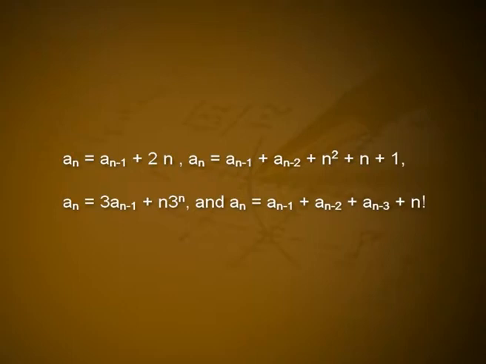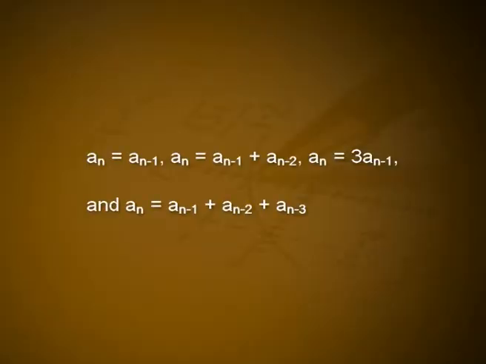Example: each of the recurrence relations a_n = a_(n-1) + 2^n, a_n = a_(n-1) + a_(n-2) + n^2 + n + 1, a_n = 3a_(n-1) + n * 3^n, and a_n = a_(n-1) + a_(n-2) + a_(n-3) + n! is a linear non-homogeneous recurrence relation with constant coefficients.